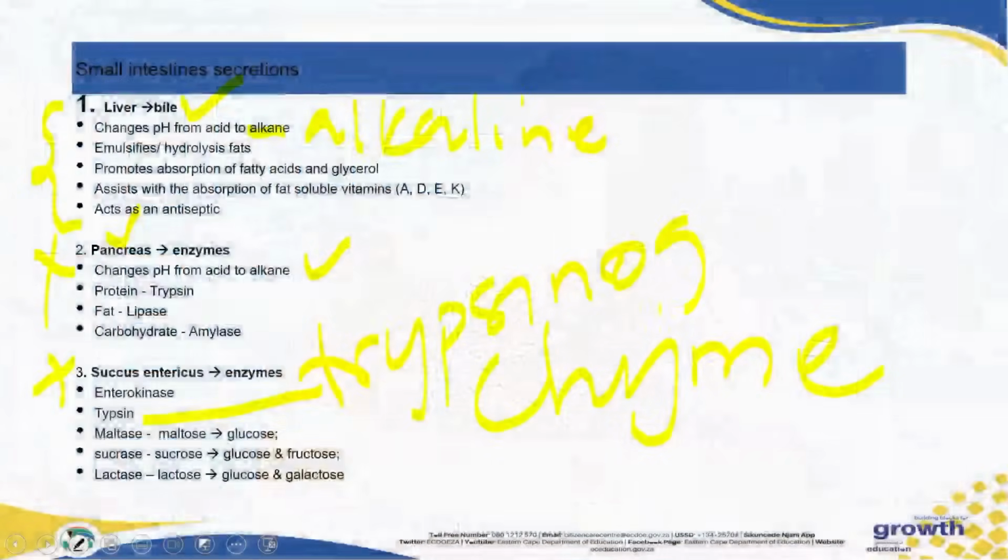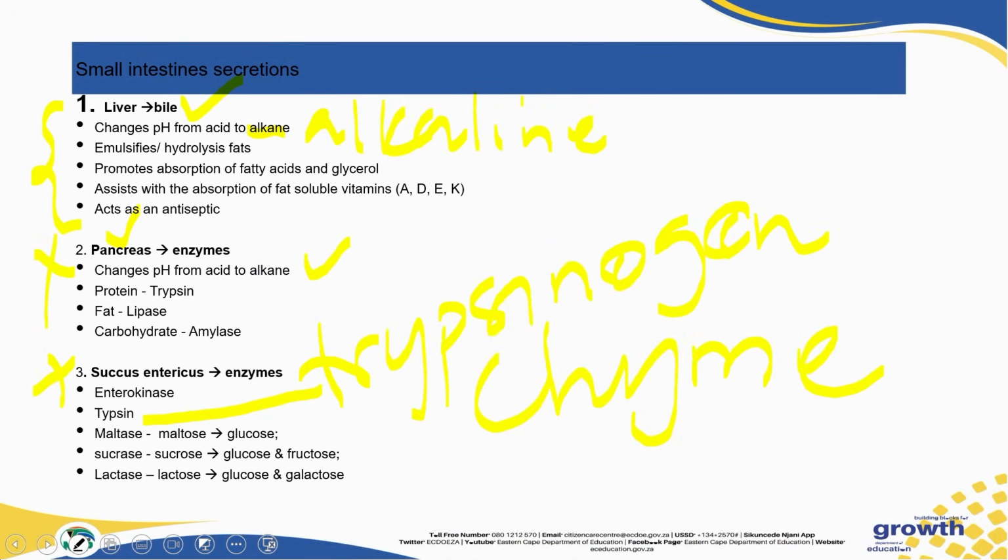The enzyme enterokinase activates the inactive trypsinogen into trypsin. And then trypsin digests the peptones into peptides. That is, the proteins are being digested there by trypsin.